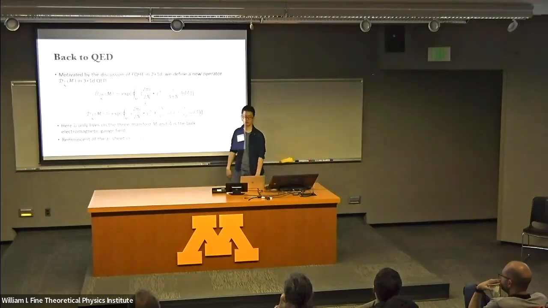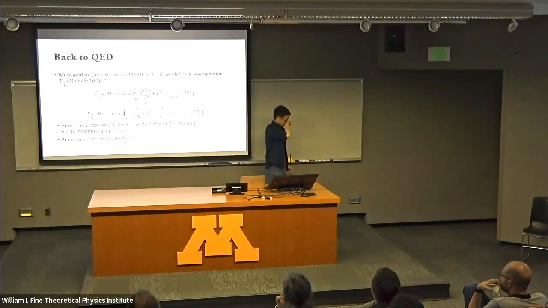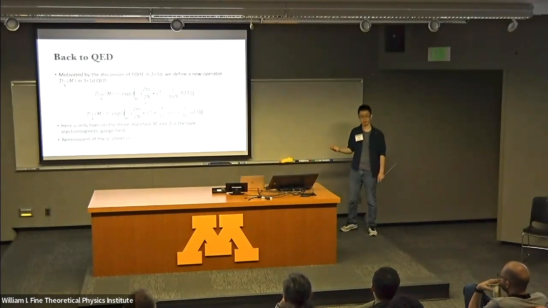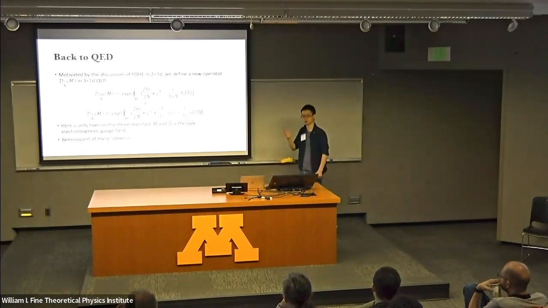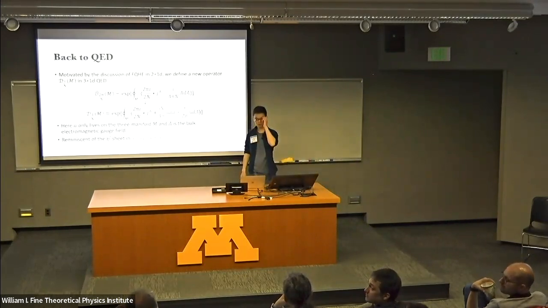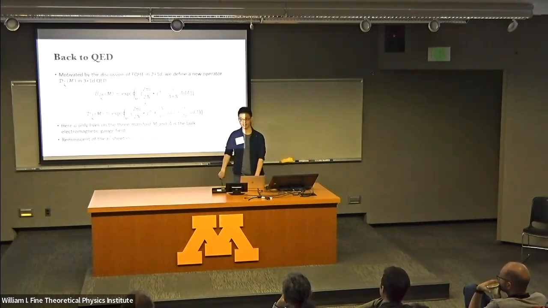You can put it on an arbitrary 3 manifold in spacetime. Note that little a only lives on the 3 manifold M. It's like an auxiliary field that you use to define this operator. It doesn't introduce any new degrees of freedom in the bulk QED. Therefore, this definition of this operator is also integrated over. That's right. So I have to include a path integral over little a for each of these operators D.